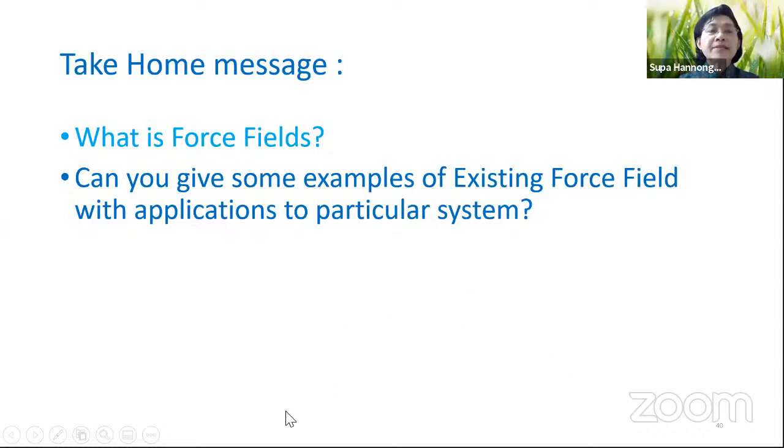So for the take-home message, I think it is very simple. You may ask yourself, what is a force field? I expect that you can write the mathematical expression with at least 5 terms, including the electrostatic term.